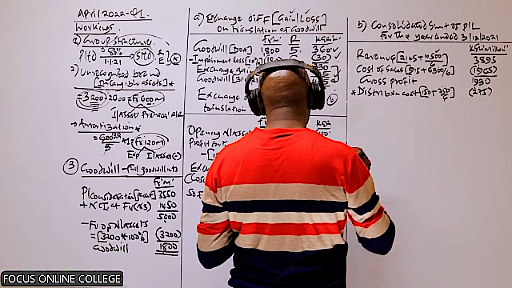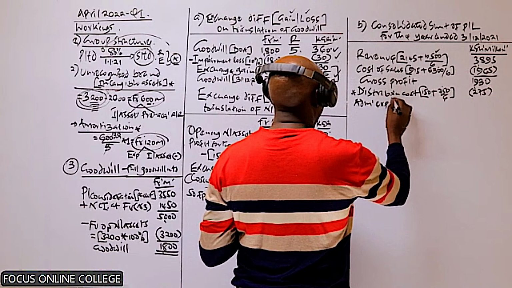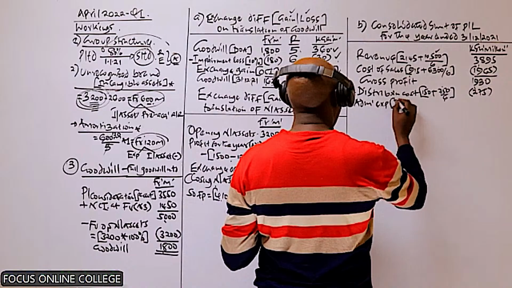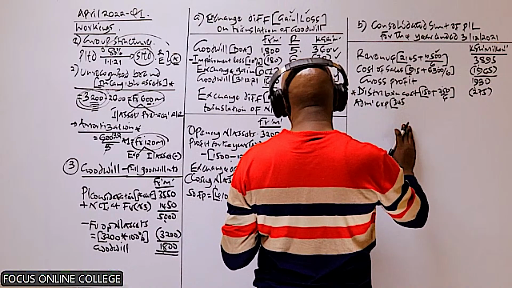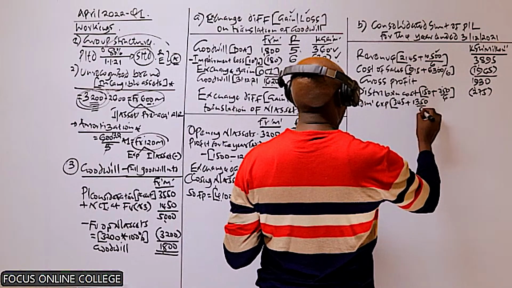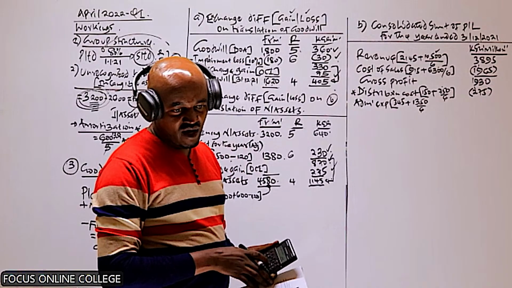Then from there we have administrative expenses. Now for the administrative expenses, we have that of the parent, which is 345, plus 1350. This one we divide with 6. Now, in this case, there are two other items we need to capture here.